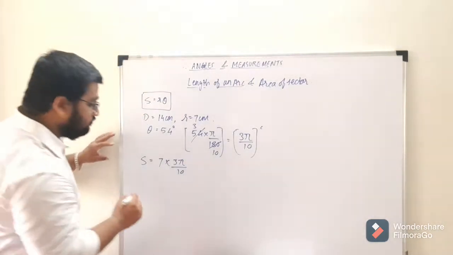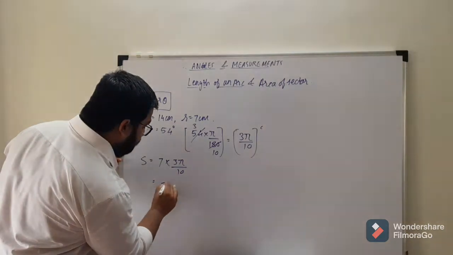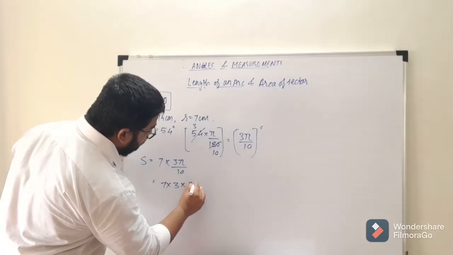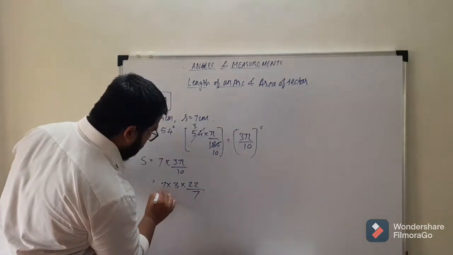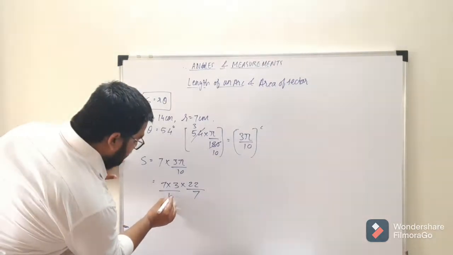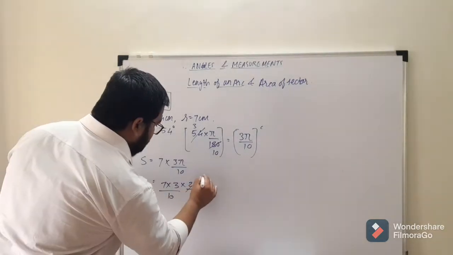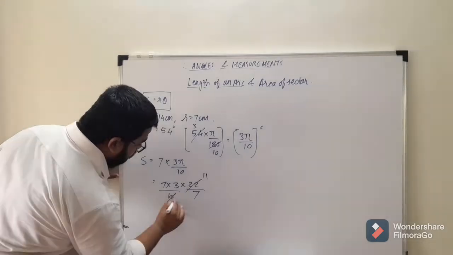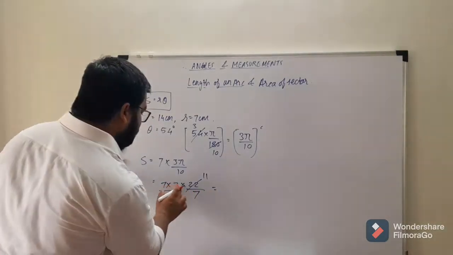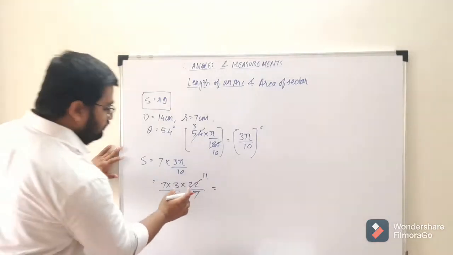Okay, so now we'll solve this. It is equal to 7 into 3 into pi, which is 22 upon 7, and this will be 10. Again we'll divide this, 2 11s are 22, 2 5s are 10. So this is 7 into 3 into 11 upon 5 into 7.